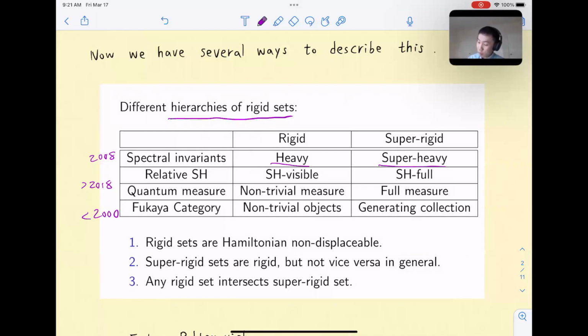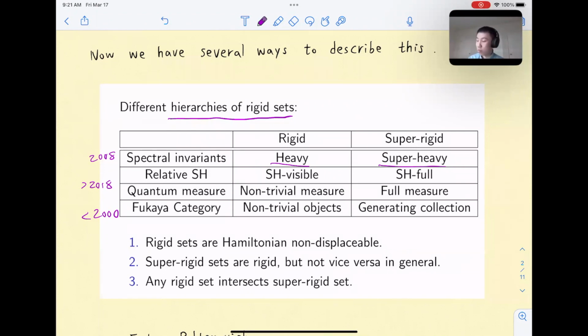The third property is that any rigid set must intersect a superrigid set. These are several layers of rigidity, sometimes called hierarchies of rigid sets.